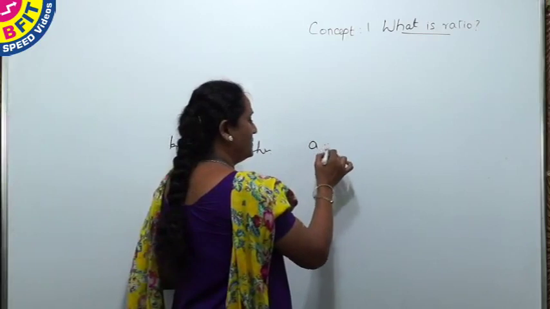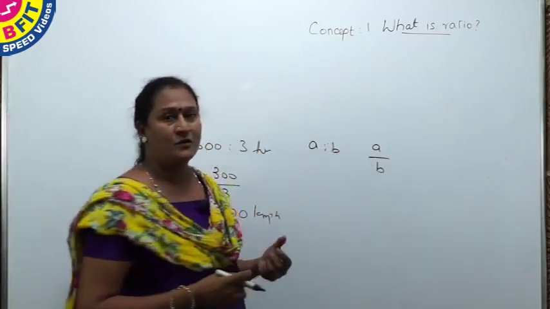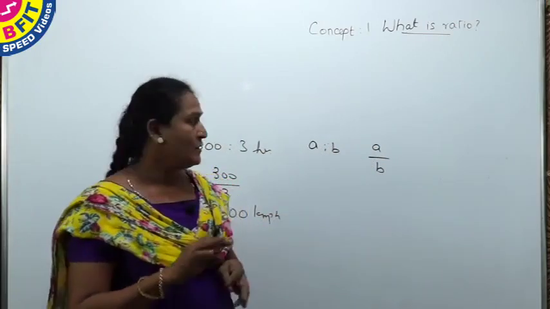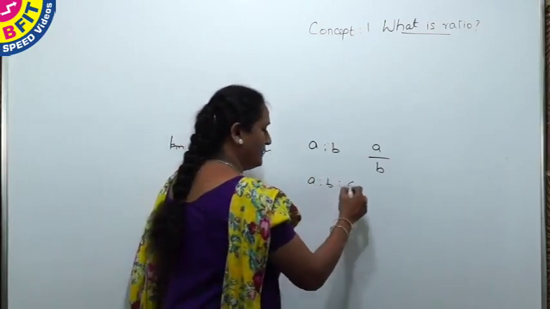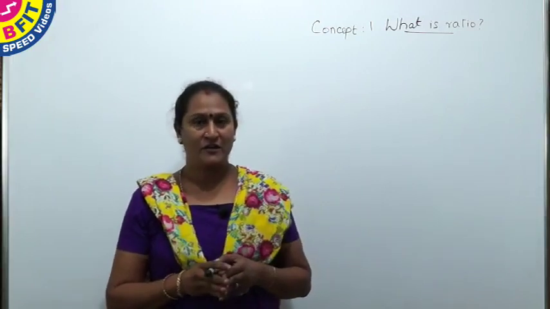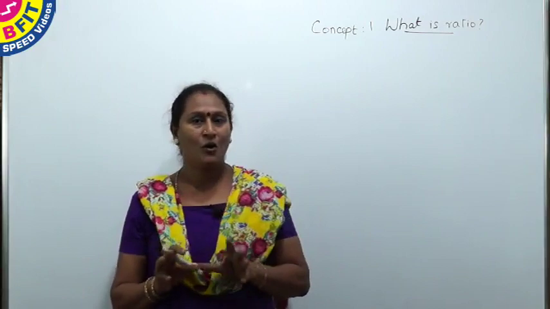Ratios are also written in quotient form. When you have two persons, you can write this in quotient form also. For more than two persons, we can mention it in ratios itself. When we are working out ratios, they should be in integers. Both should be whole numbers.